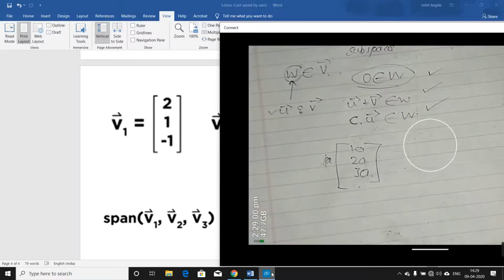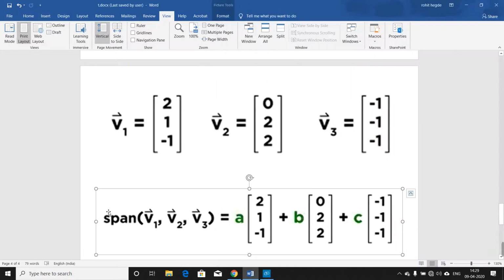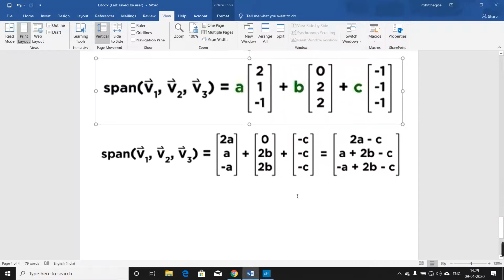Like that we need to simplify this, so it becomes 2A minus C, A plus 2B minus C, minus A plus 2B minus C. That is the span of v1, v2, v3.